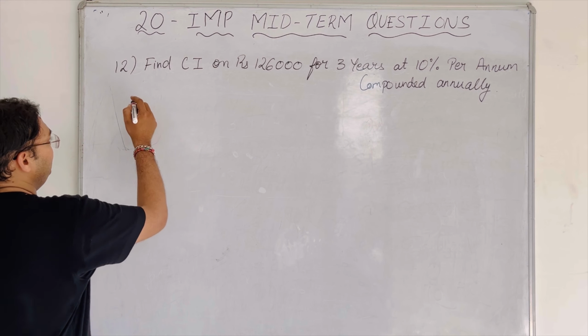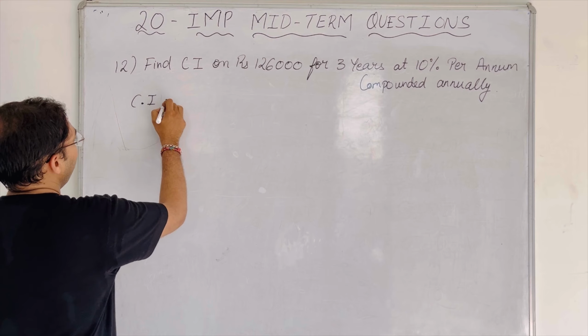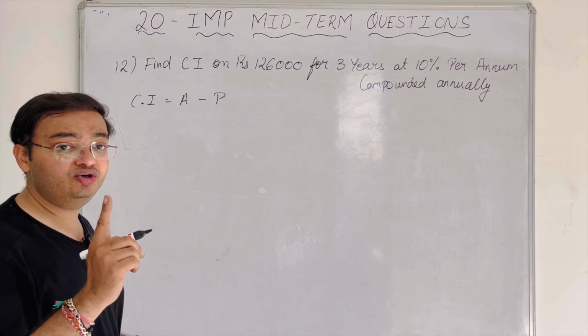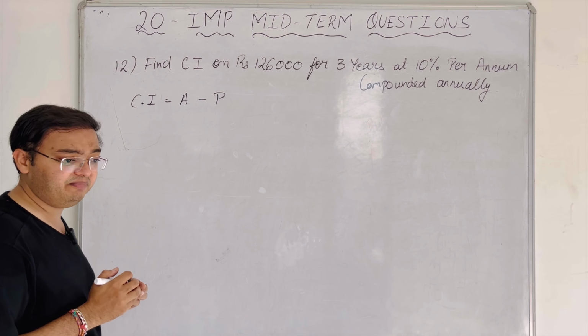So whenever we have to find the CI, the formula is amount minus principal. So if I want to find CI, first of all I should know the amount. What is the amount in compound interest?